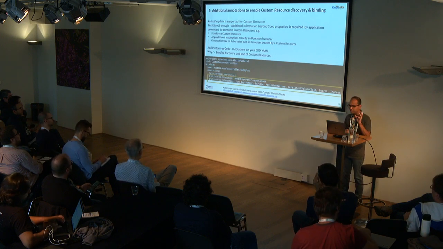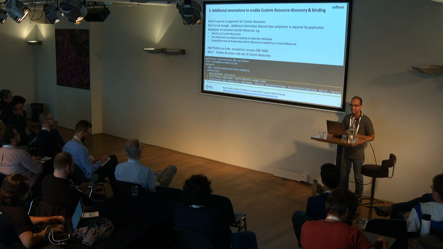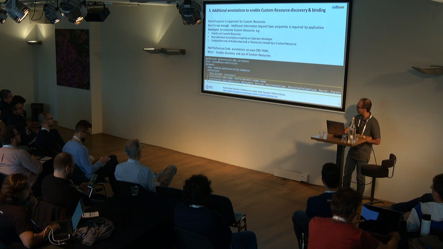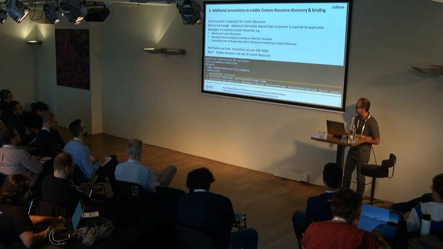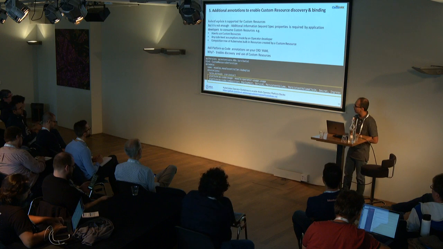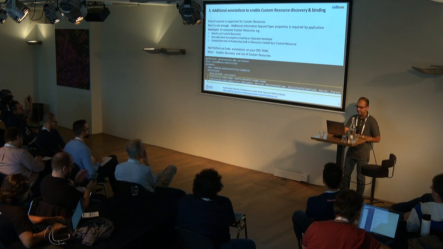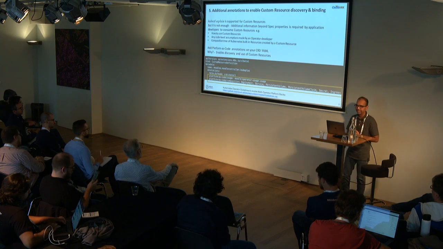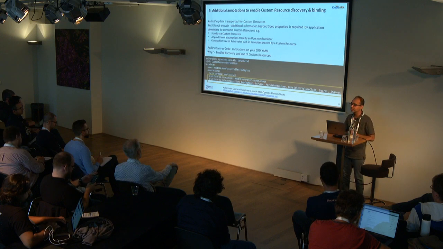So for the usage annotation, the value of that is just the name of the config map. In this case, this is the name of the config map and the key in that config map. And so that's the usage annotation. The contents of that config map can be anything that you want as an operator developer to include as part of the information that your user needs to know about your operator.